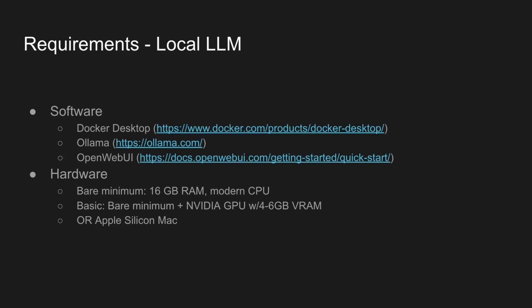Okay, the hardware side. The bare minimum that you've got to have here is a modern CPU with 16 gigs of RAM. That is going to allow for very limited exploration of local LLMs. Very small models, extremely small models, will run on unaccelerated, just CPU, no GPUs, no special vector units, and regular RAM. So that's something that you can do if you want to.